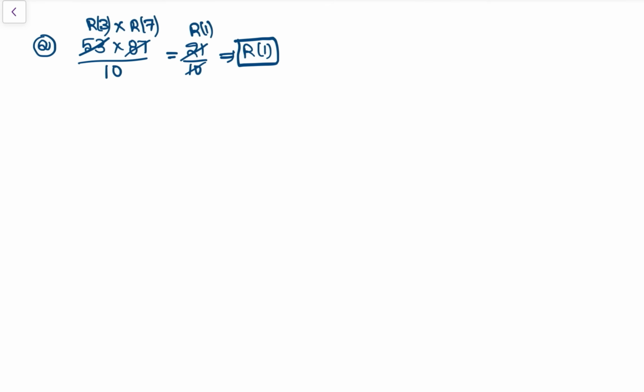Here we used positive remainder concept. Now let's do it with negative remainder concept. See 53 into 87 upon 10. So now this is 5 tens are 50, so remainder is 3.